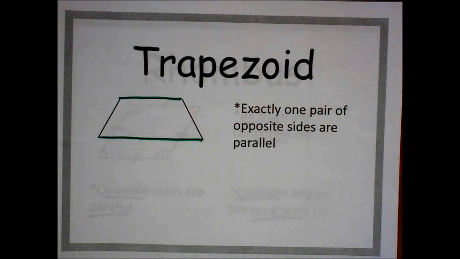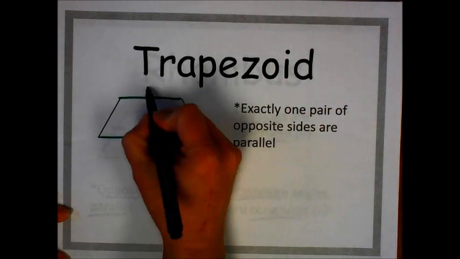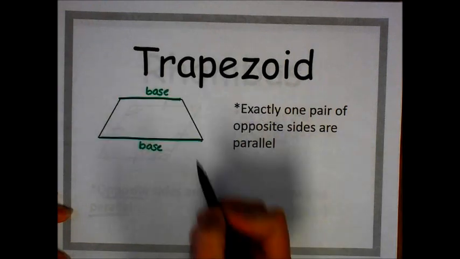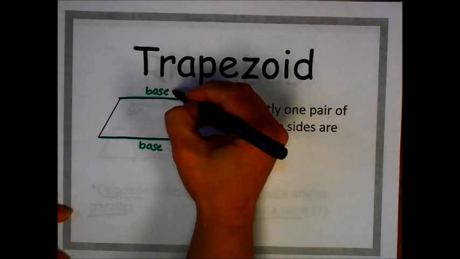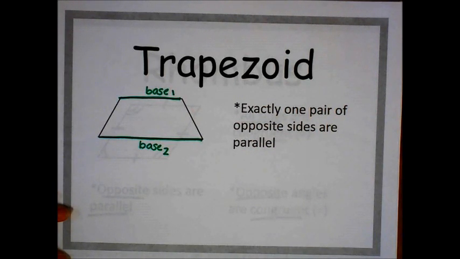I also want you to know that those two parallel lines have a special name. The two parallel sides are called the bases. One of them is called base 1 and the other is called base 2.